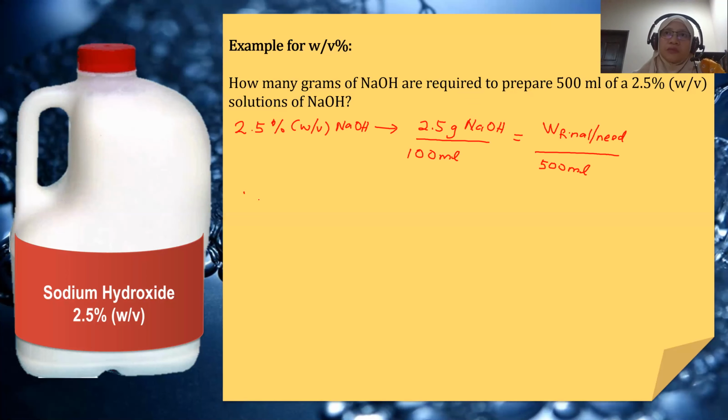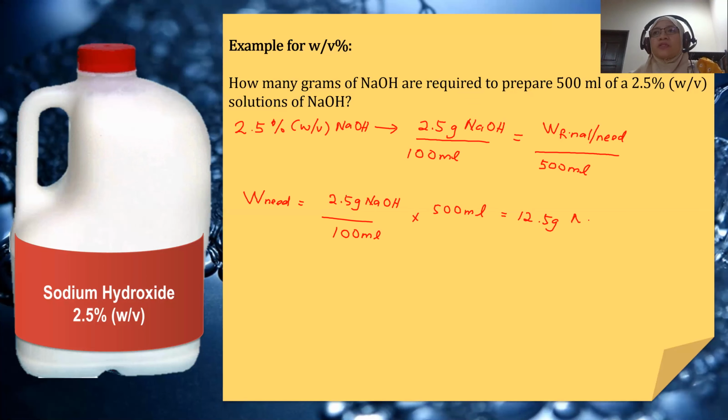Rearrange the equation: 2.5 gram NaOH divided by 100 ml and then times by 500 ml. What you will get is 12.5 gram of the chemical that you need. Okay, so this is it.